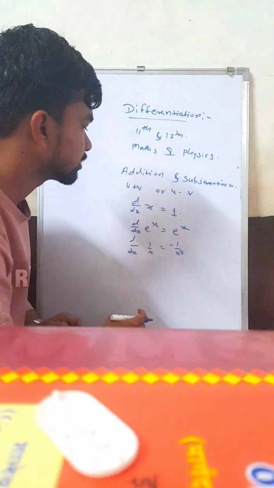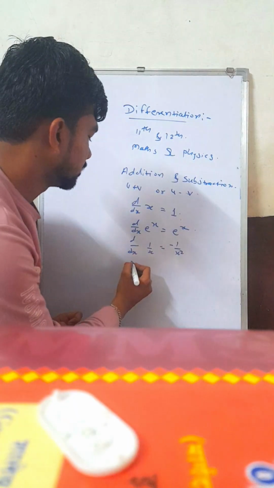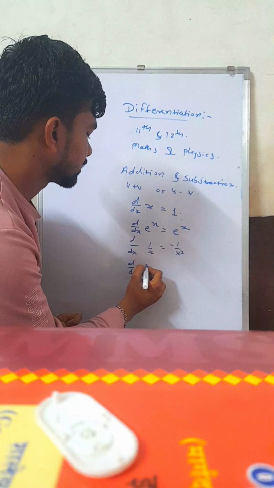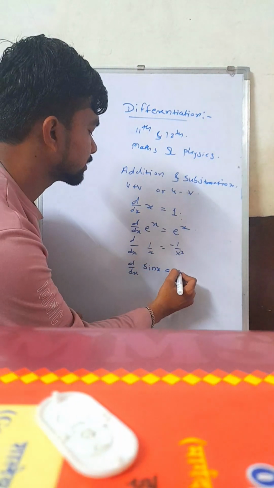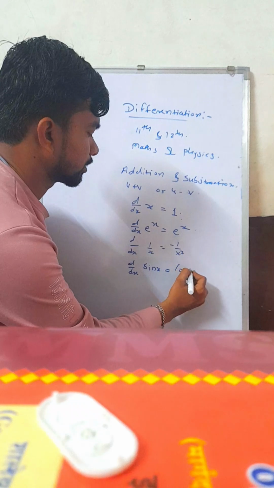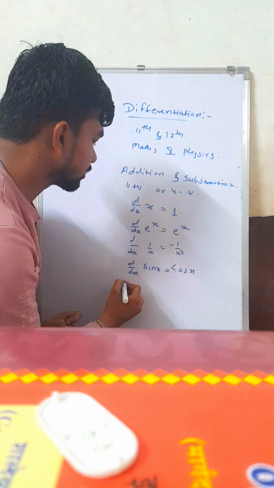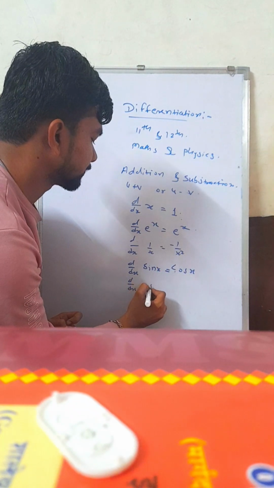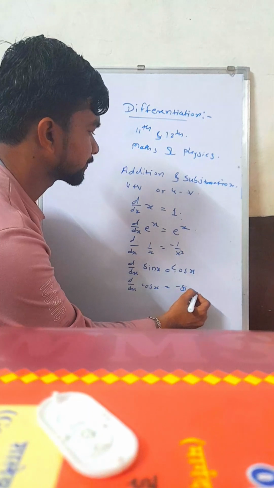Differentiation of sin x is cos x, and d by dx of cos x is minus sin x.